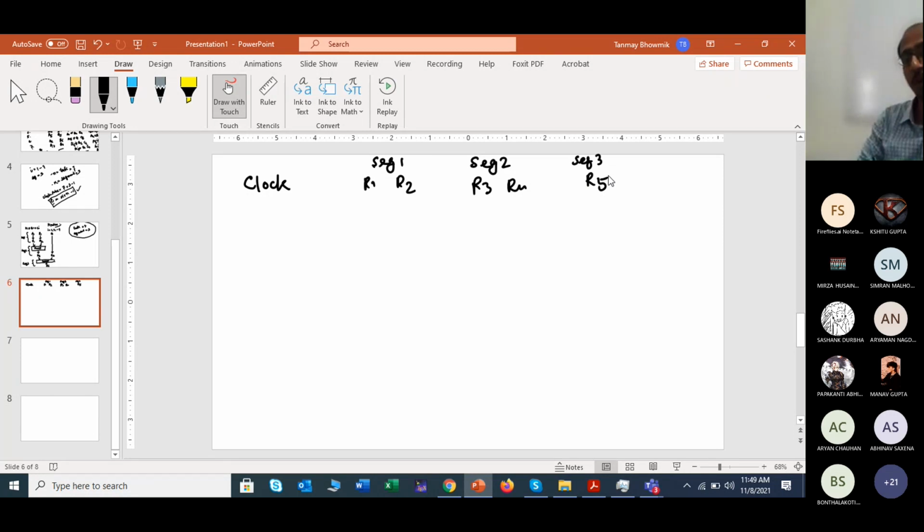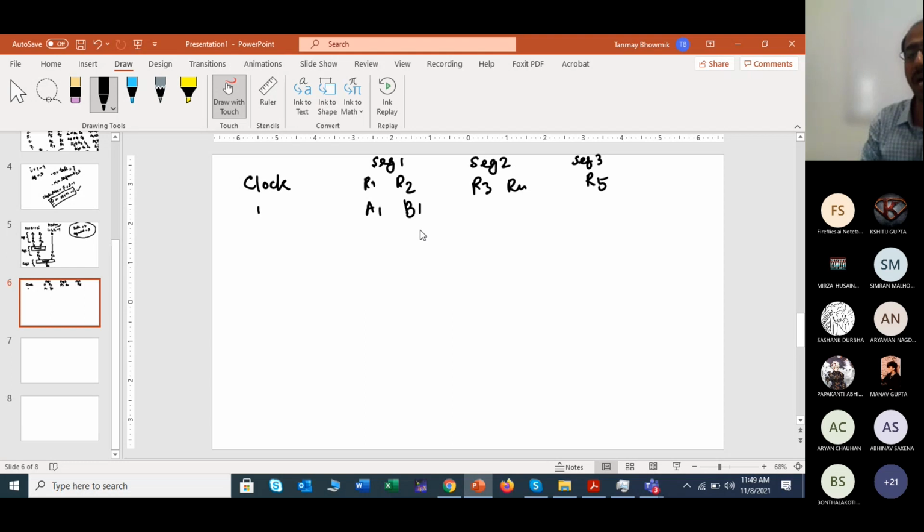For every clock pulse, how will the data be held by these registers? Say the first clock pulse you have given. What will be done here? R1 will hold A1, R2 will hold B1. Segment 2 and segment 3 will not do anything, because the segment 3 task is R3, and R3 is dependent on the multiplication result of A and B.